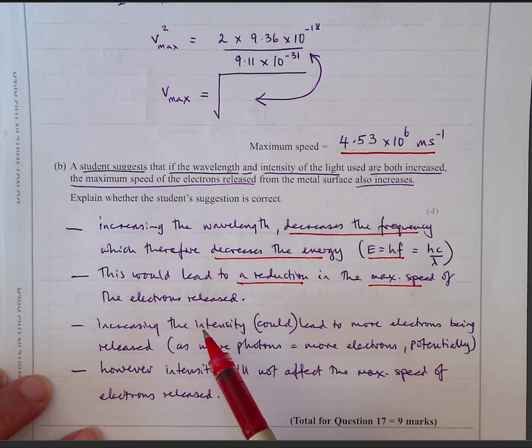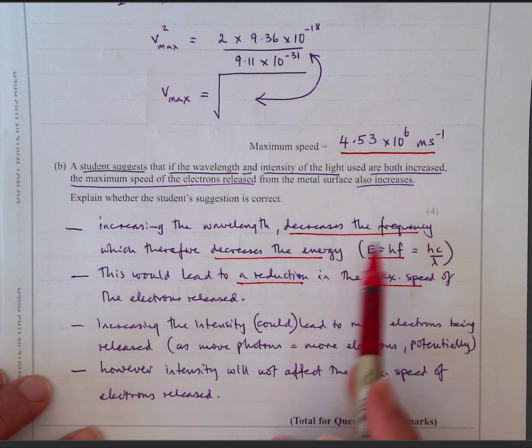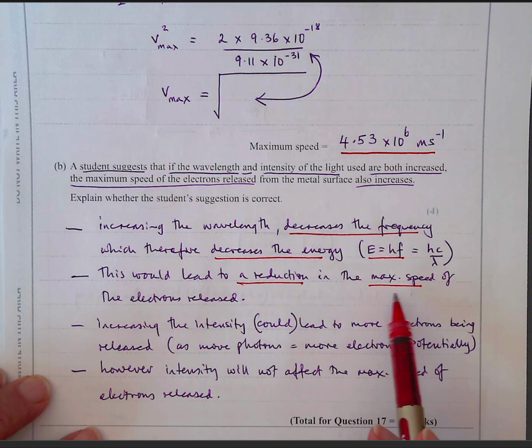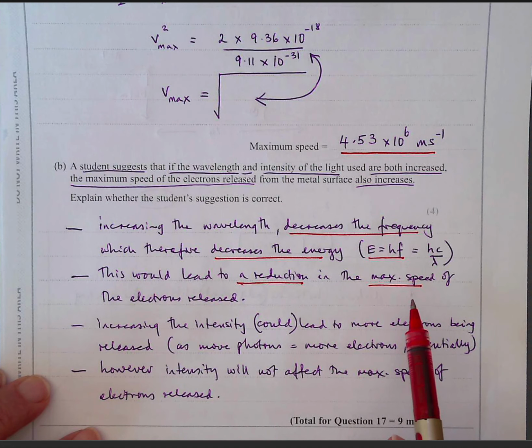In fact, it could stop. If you increase the wavelength, you decrease the frequency, it could have insufficient energy to even be equal to the work function, so it may not release any electrons. So it would reduce the maximum speed anyway, and possibly to 0.